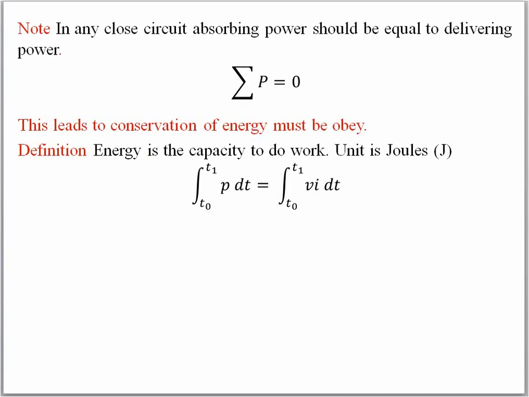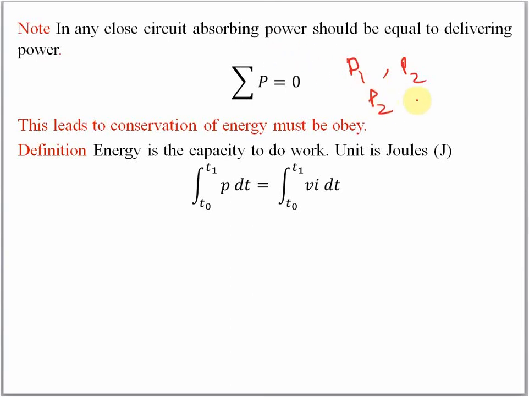Note that in any closed circuit, absorbing power should be equal to delivering power. Suppose we have absorbing powers P1 and P2 in a particular circuit, and delivering power P3.